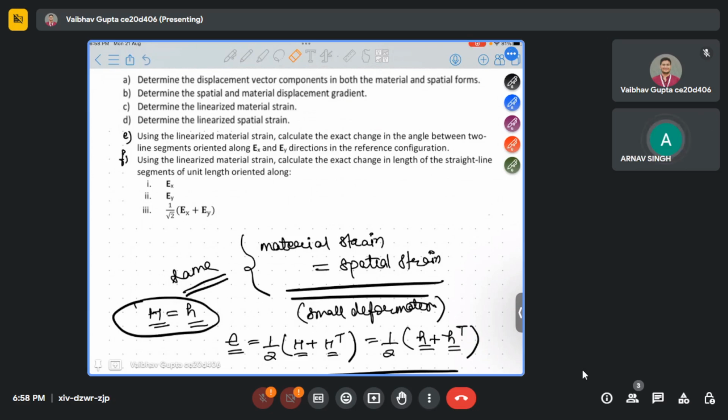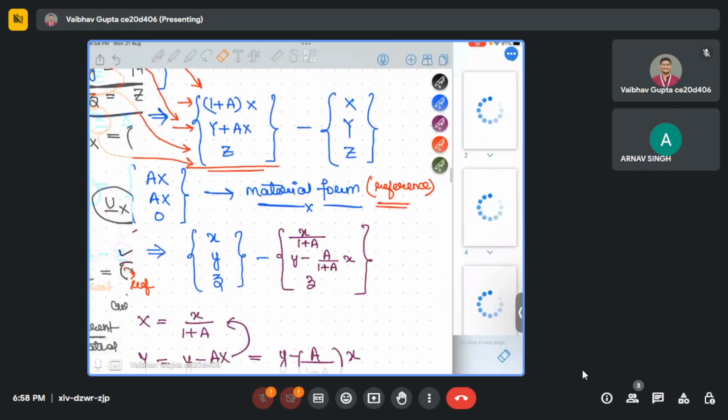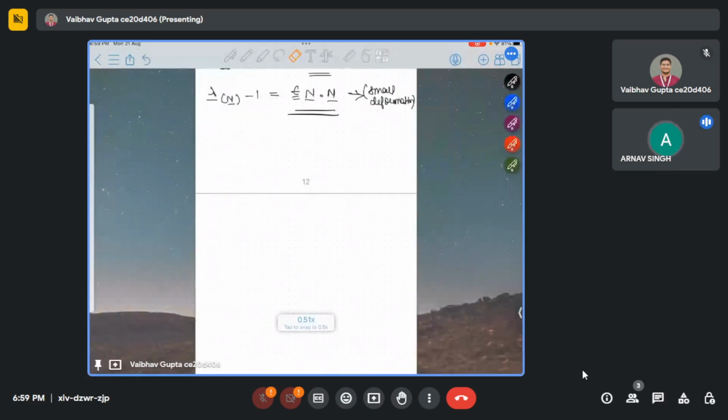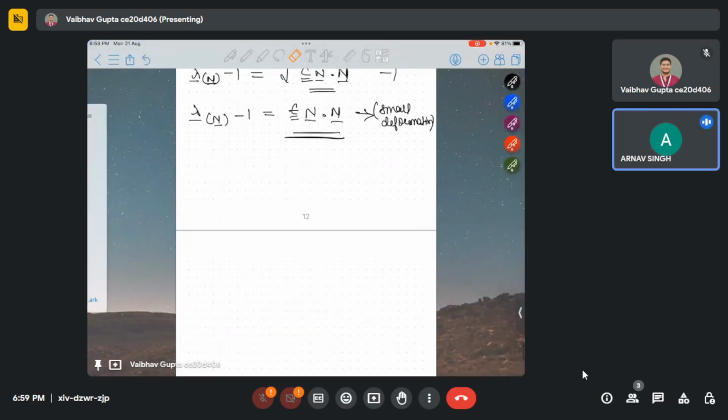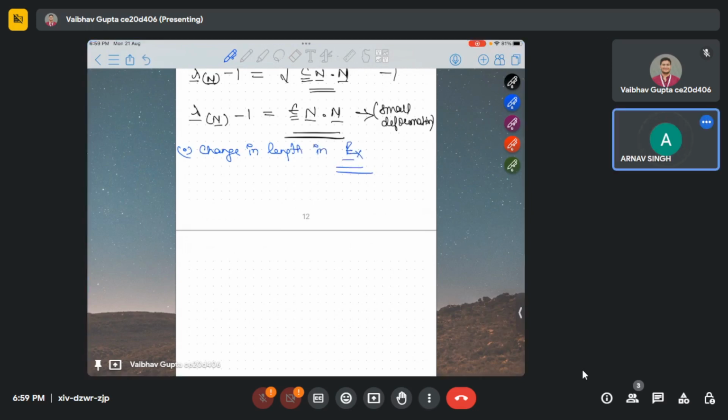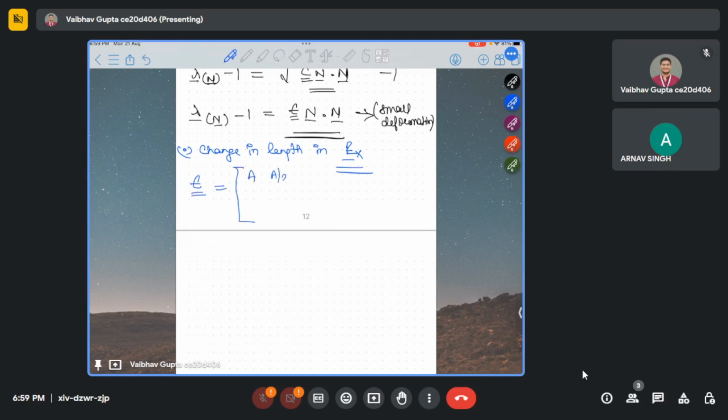So the epsilon matrix we have calculated is A by 2, 0, A by 2, 0, 0, 0, 0, 0.